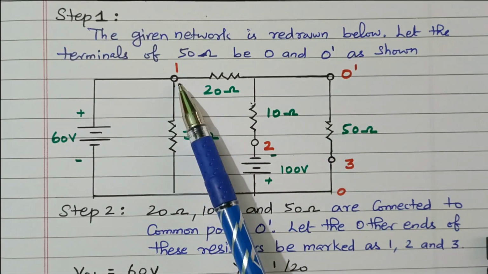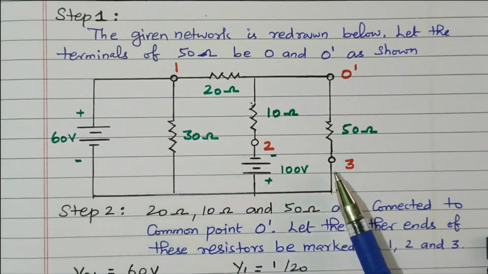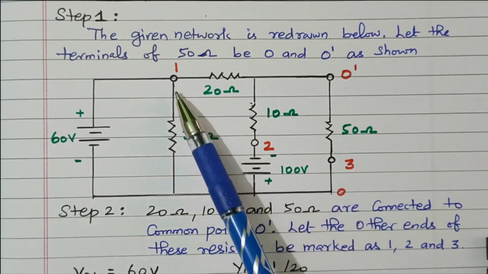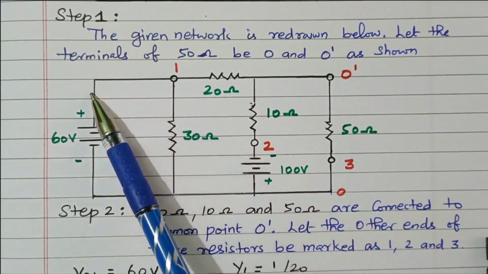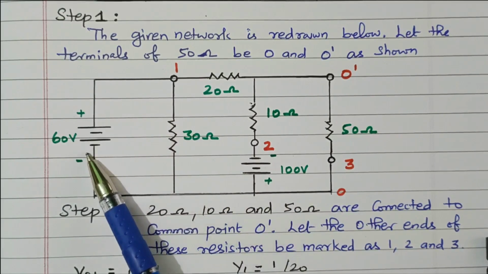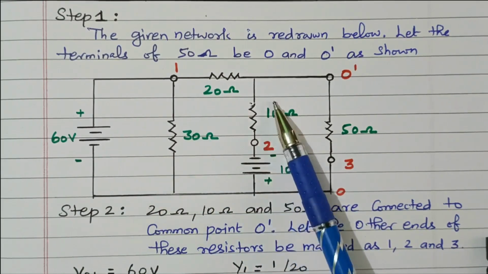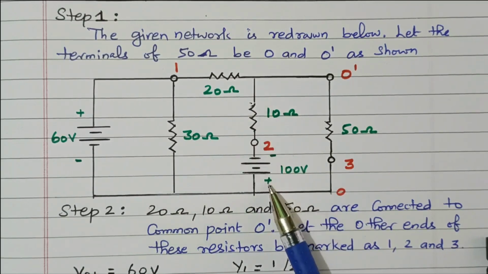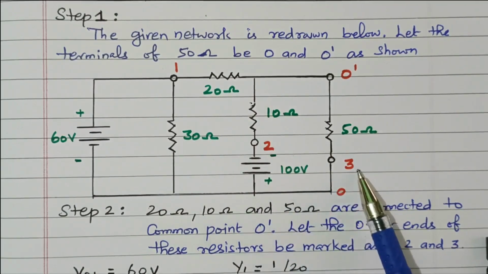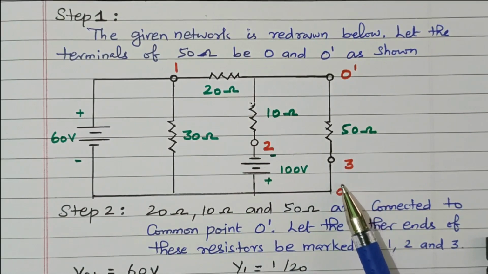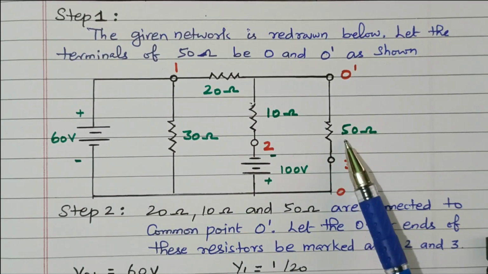And the terminals are marked as 1, 2 and 3. Terminal 1 is connected with the 60 volt source and 20 ohm. Terminal 2 is connected with 10 ohm and the 100 volt source. Terminal 3 has no voltage source but the 50 ohm is available.